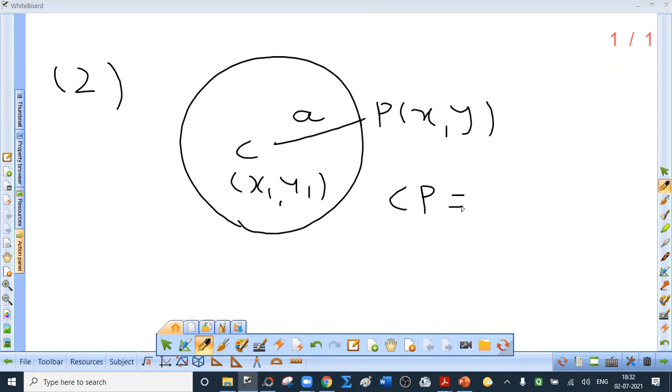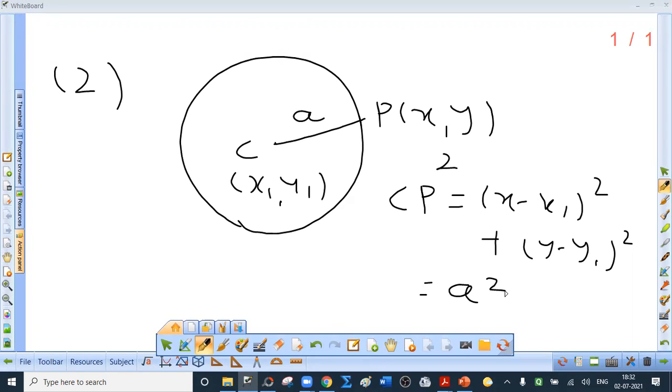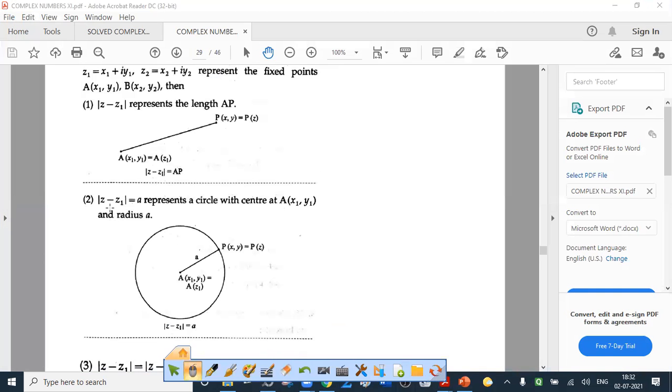So what is CP, or what is CP square for that matter? (x minus x1) square plus (y minus y1) square, right? But CP square is nothing but a square. Yes, this represents a circle.